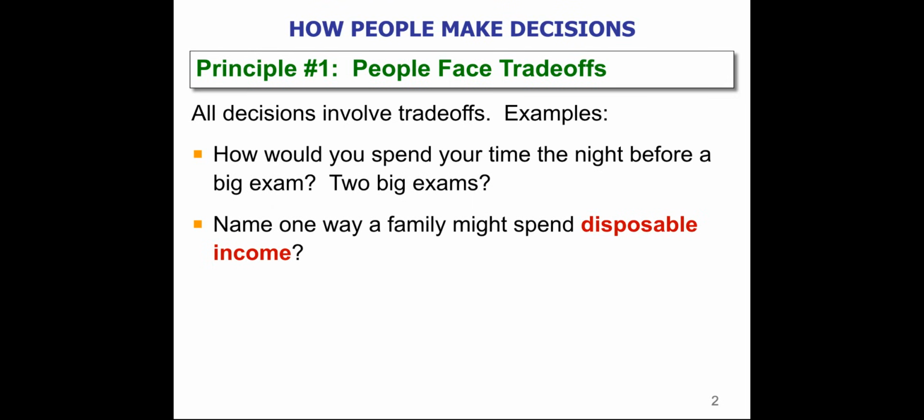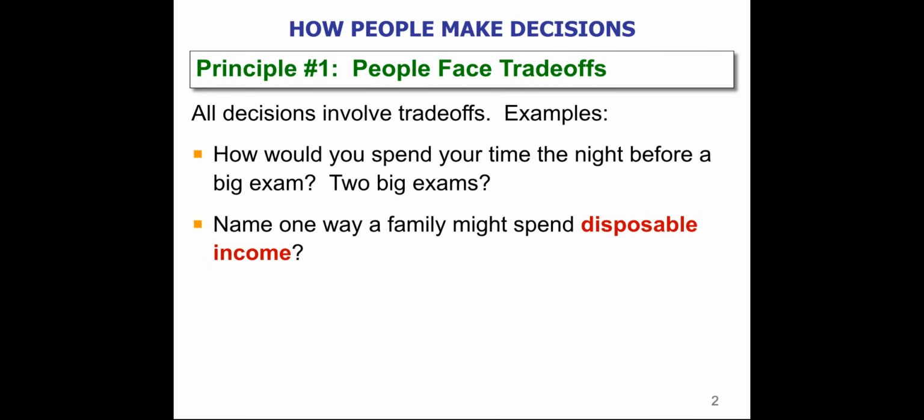Families also have to make these choices. A family's disposable income is the money they have left over after they've paid their major bills. So, I want you to name one way a family might spend their disposable income. So, some of you might have said go on vacation or save and invest that money.